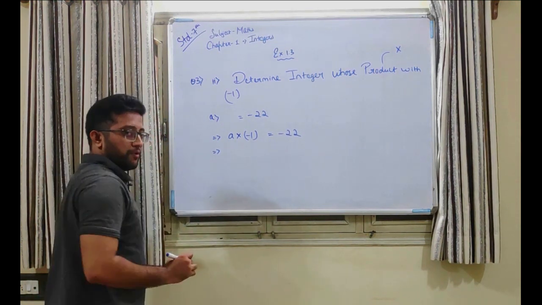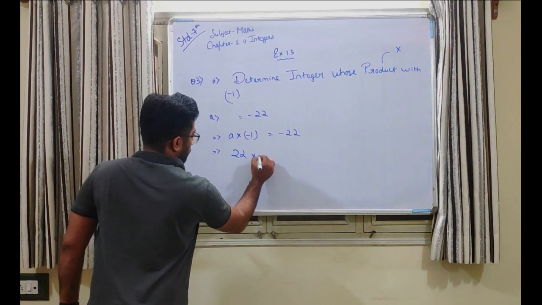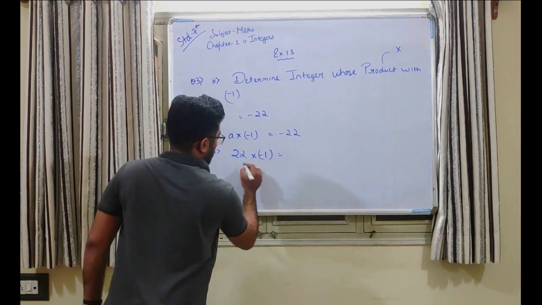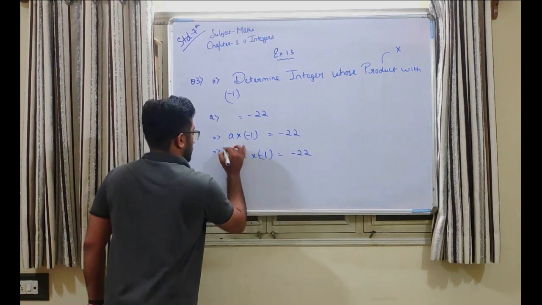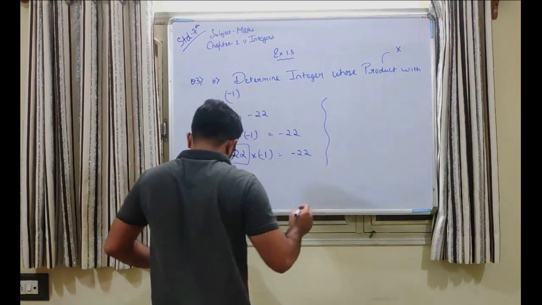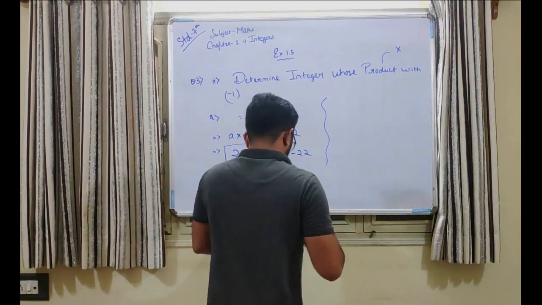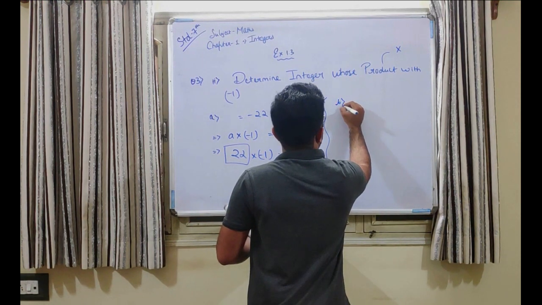Can somebody guess? Yes, very easy. Your number must be positive 22, because if you multiply the same with minus 1, your answer will be negative 22. So your answer here is positive 22. Similarly, you can find for B, that is 37.